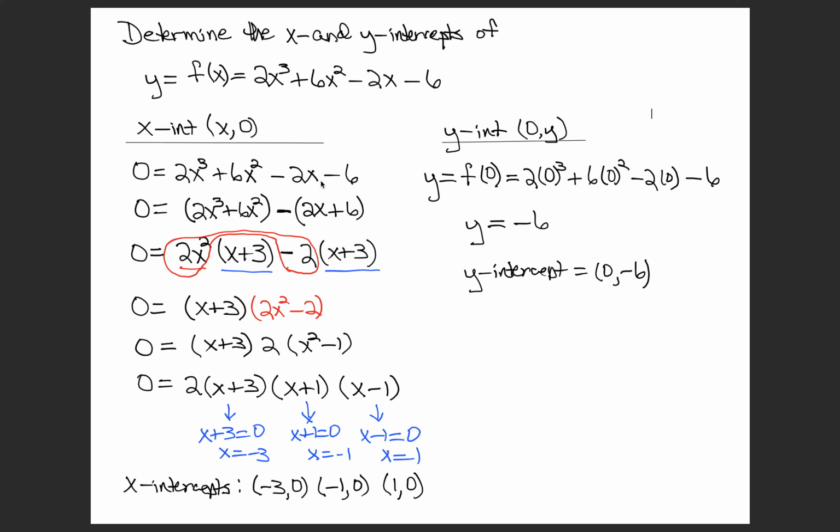Now we had the proportion of the coefficients and the degrees to be such that I can factor by grouping. So if I take the first two terms, the quantity of 2x cubed plus 6x squared, and again, the middle operation is subtraction, and the representation of negative 2x minus 6.